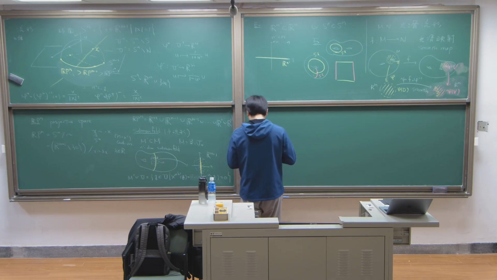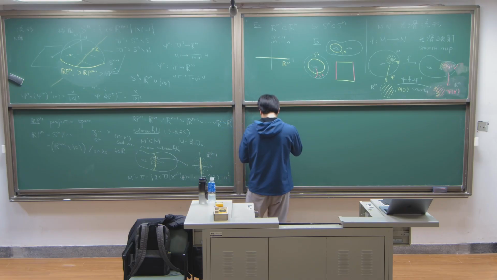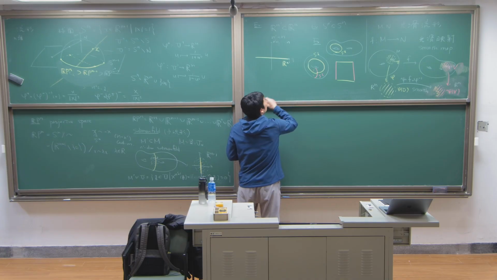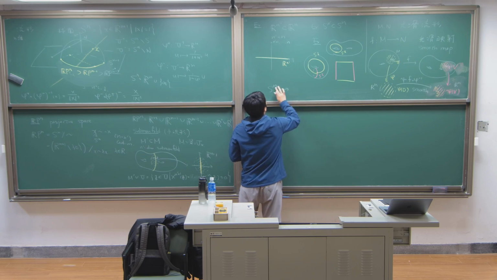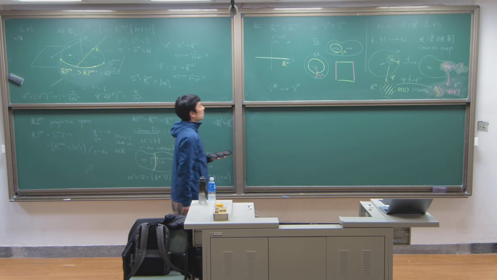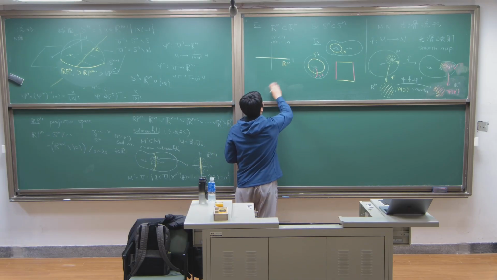An example is as follows. For instance, S2, we can just have S2 times S2.